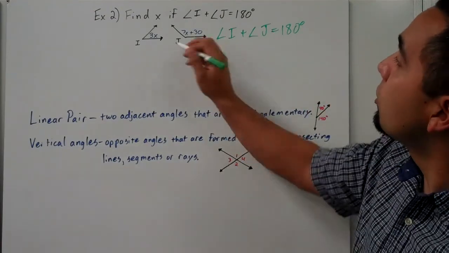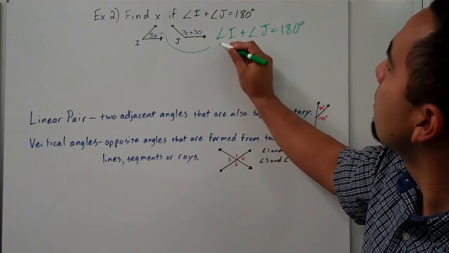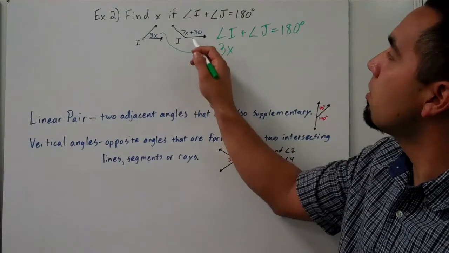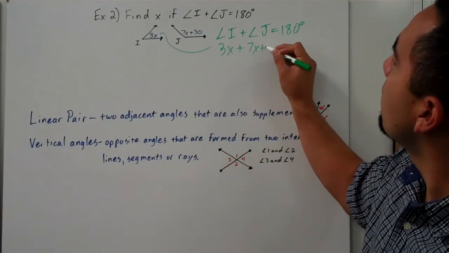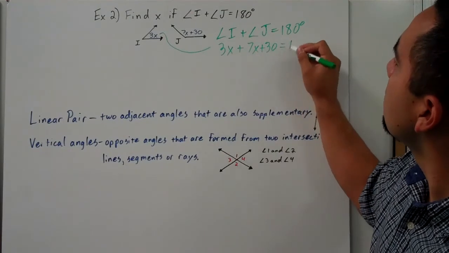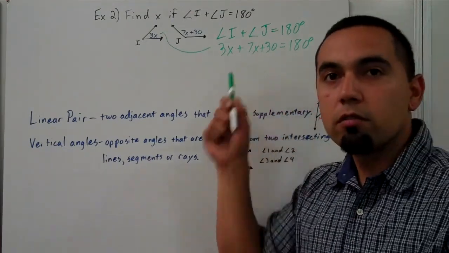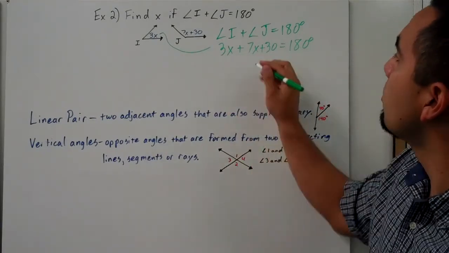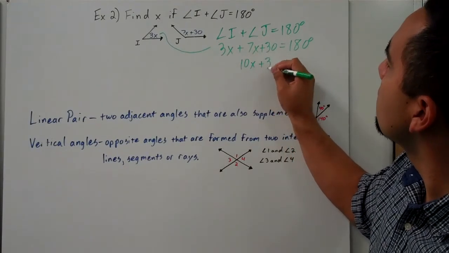So all I can do is take those numbers and plug them in instead of those angles. So angle I is 3x and angle J is 7x plus 30, right? And now I have something that looks a little more familiar. It's easy algebra. All I have to do is first combine my like terms. I have 3x and 7x. Well, that's 10x.